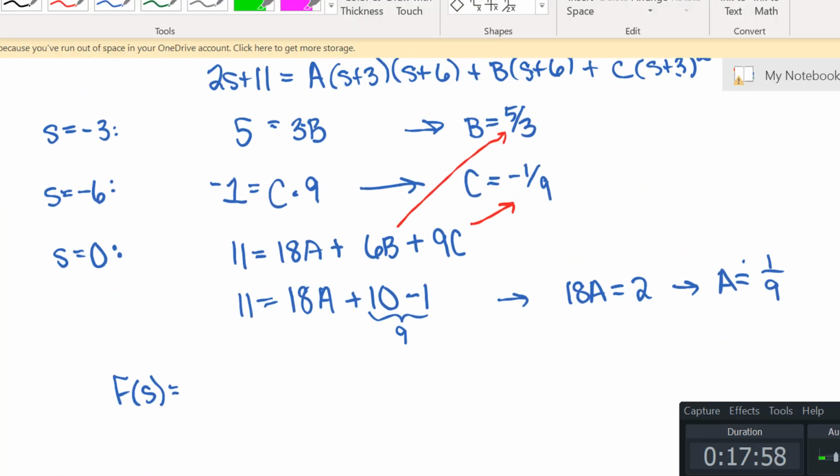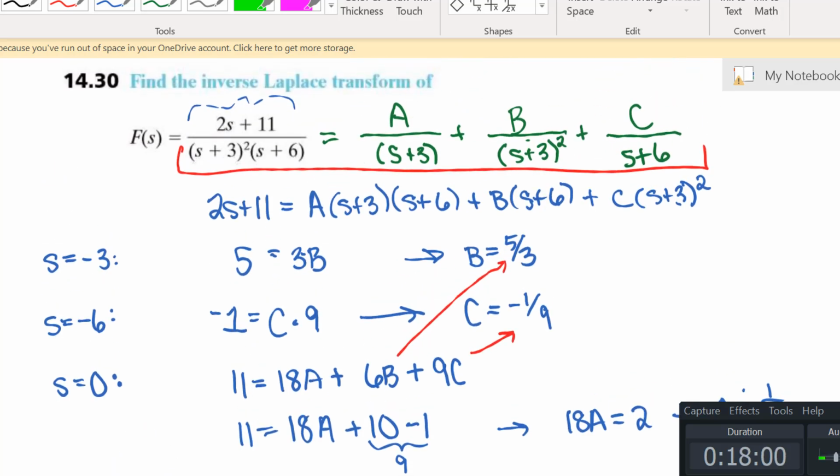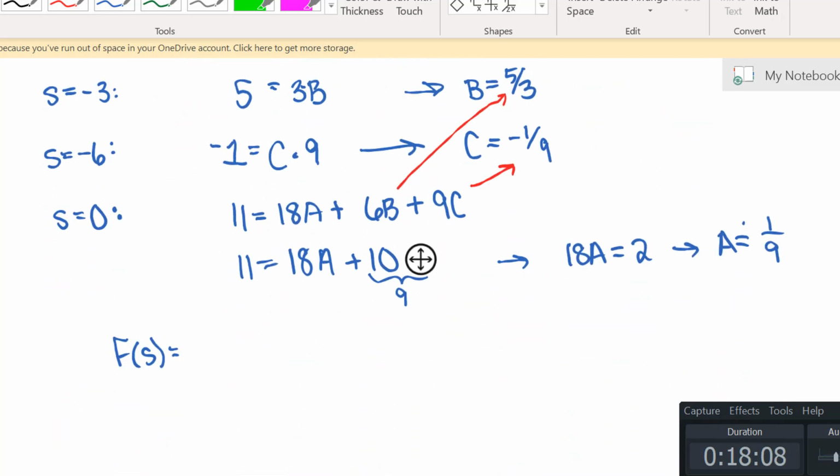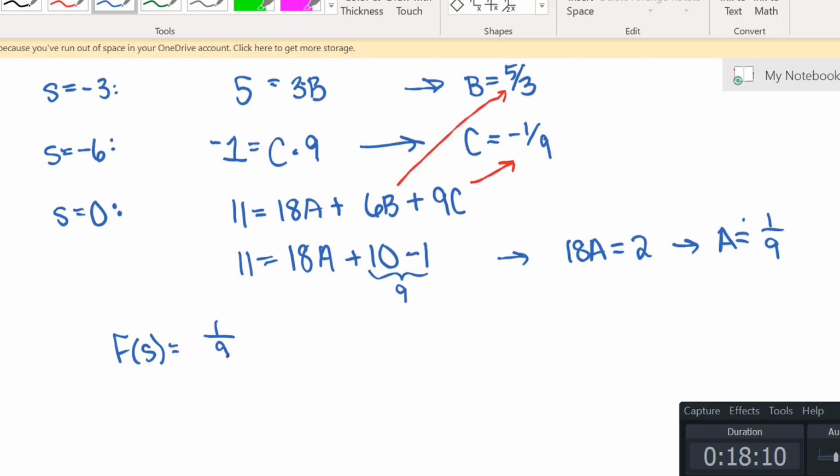Okay, so F of S, then decomposing it. So I have A, which is positive 1/9 over S plus 3. And then B was 5/3 over S plus 3 squared, and then plus C, which was negative 1/9.